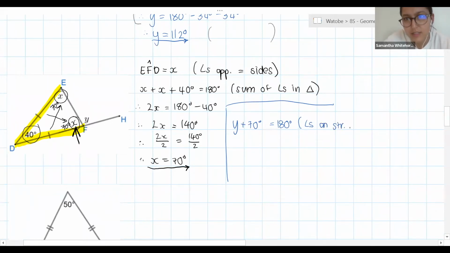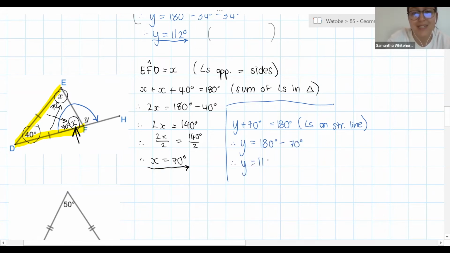So guys, what Emmanuel's done here, we know that those two angles are on a straight line, so we know that they add up to 180. And so once we subtract 70 from 180 degrees, we get that y is equal to 110. Now you could have used exterior angles of a triangle here as well as your reason for y. That is absolutely fine.